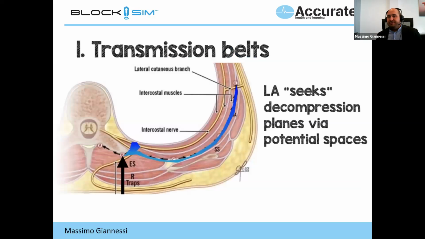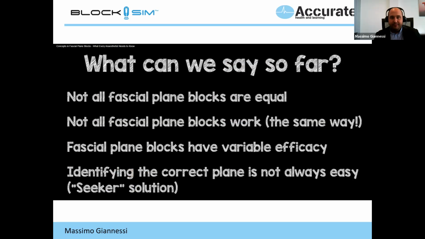The transmission is very easy to understand, because basically you inject the local anesthetic, and through the compression between layers, it goes and reaches the plane through potential spaces, basically opening the muscles. That's the way the local anesthetic goes into a particular region of our body, and that's the way anesthesiologists anesthetize a particular region of our body.